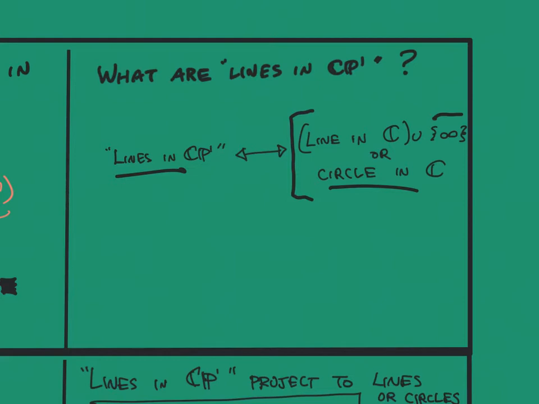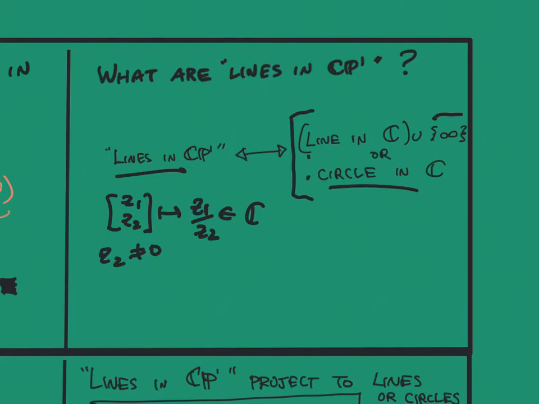You take the projection of a line in CP1, so it'll have a bunch of points of the form (Z1, Z2), and for the points that aren't infinity, I can project to Z1 over Z2 in C. This is when Z2 is non-zero. I claim that a line in CP1 will project to one of these two objects, and vice versa.